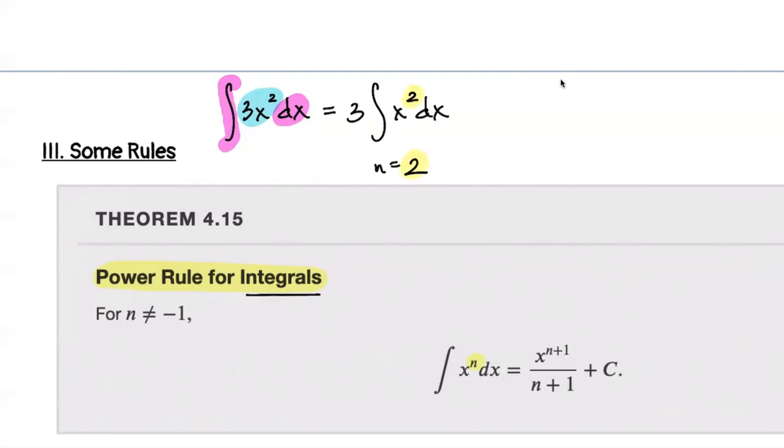And if I use the rule, that's going to give me 3 times some sort of fraction: x to the 2 plus 1, because it's n plus 1, all over n plus 1. And we don't want to forget the plus c, because that c represents what number could have been there that, when we took the derivative, went to 0.